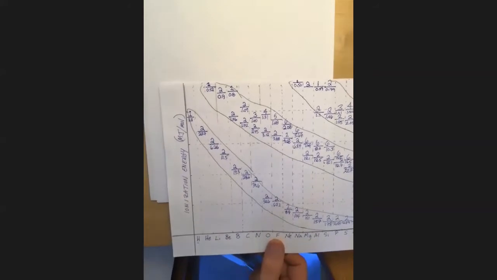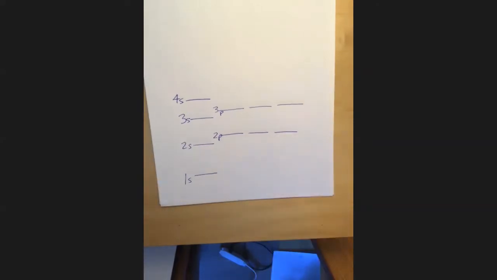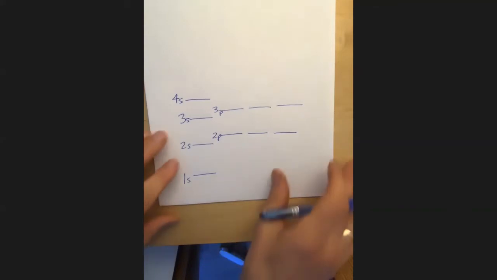Okay, so what we're going to do is take the energy level diagrams that come from the same information, and we're just going to try to be careful about the 3 rules that we use for putting electrons in there. The first rule is called the Aufbau principle.